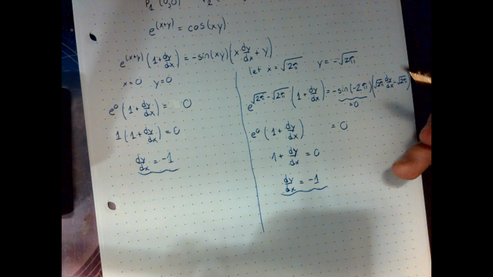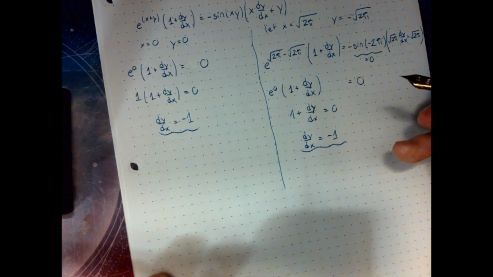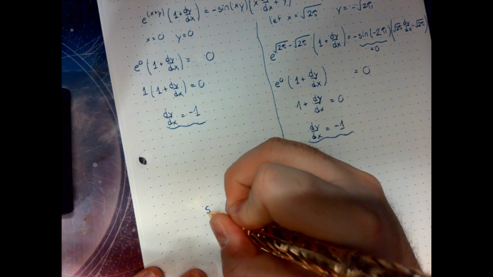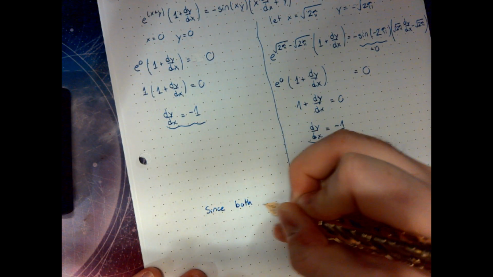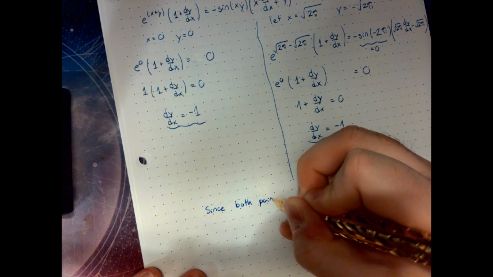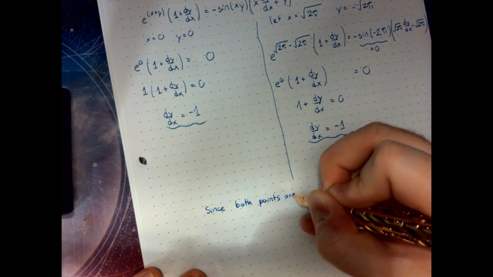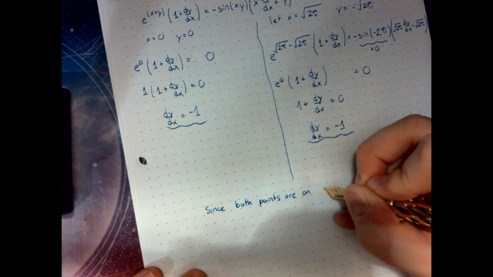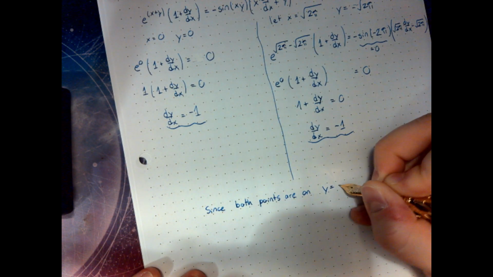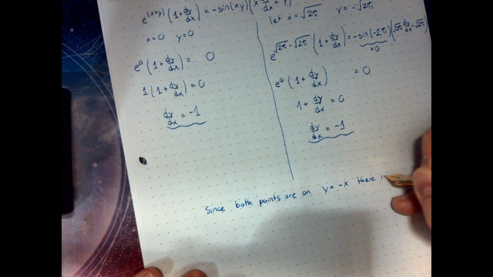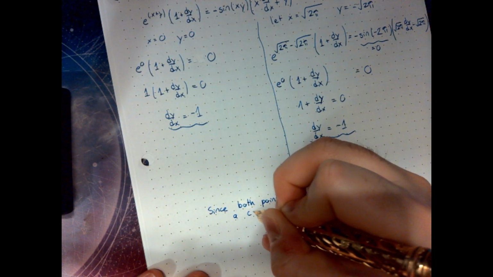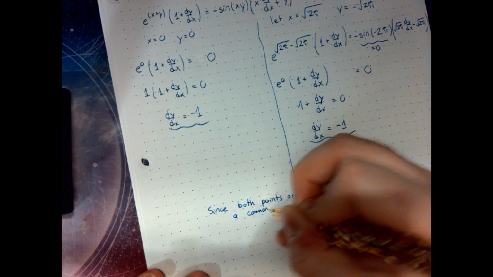Since both points are on y equals negative x, there is a common tangent.